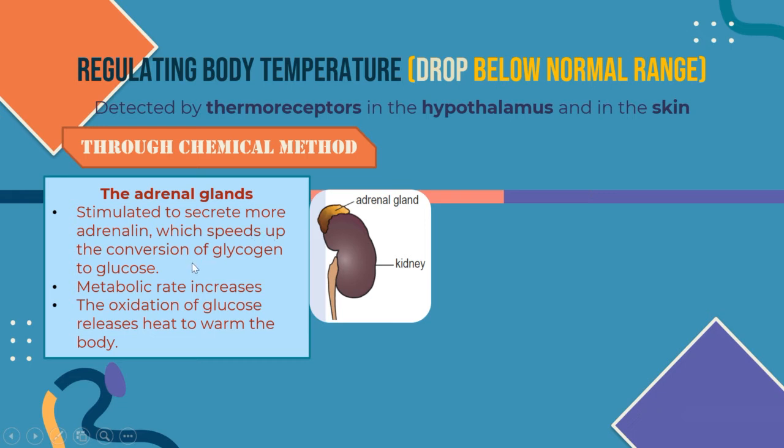It will speed up the conversion of glycogen to glucose. So the metabolic rate increases, and all the chemical processes in the body will increase. So the oxidation of glucose releases heat to warm the body.